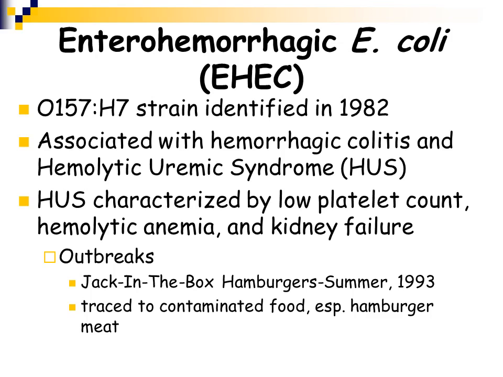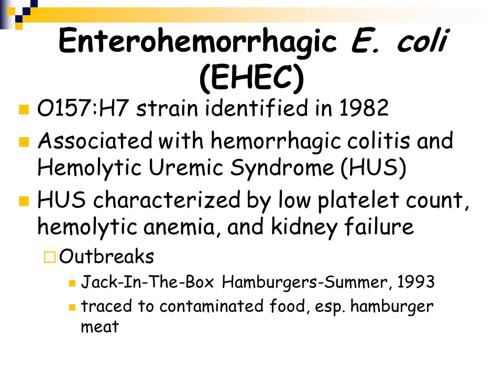So individuals that have hemolytic uremic syndrome will usually have a low platelet count, they will have a hemolytic anemia, and what happens is they end up having kidney failure, and many times this hemolytic uremic syndrome leads to death.